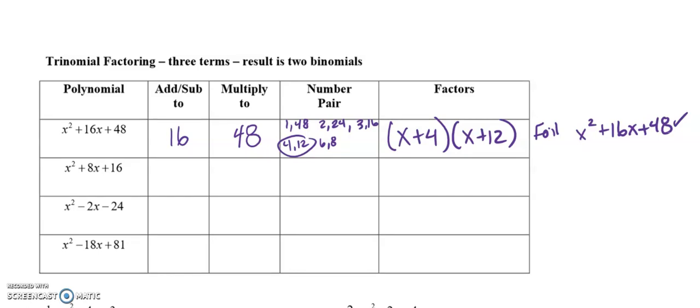Let's try the third one, x squared minus 2x minus 24. So I need two numbers that add or subtract to -2 and multiply to -24. Factor pairs for 24 would be 1 and 24, 2 and 12, 3 and 8, 4 and 6.